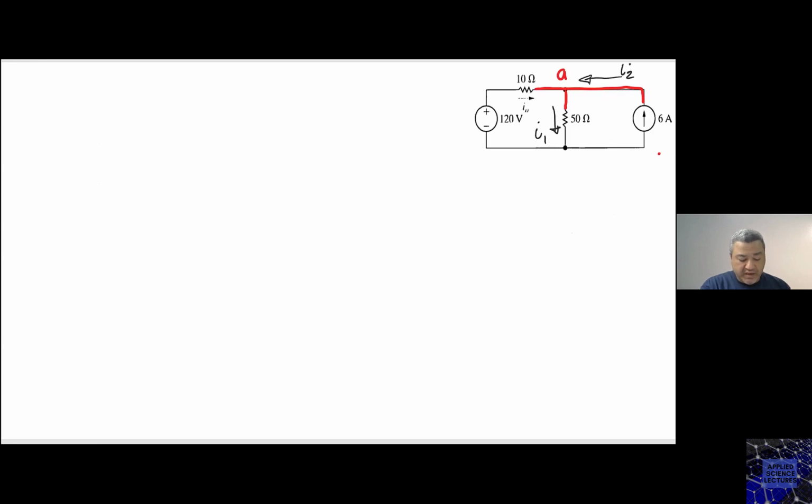I can say KCL at A. It's going to give me the following equation. I have I naught entering, I have I1 leaving, I have I2 entering equals to 0. Now I know I2 is 6 ampere.